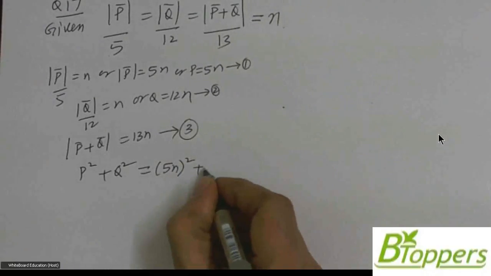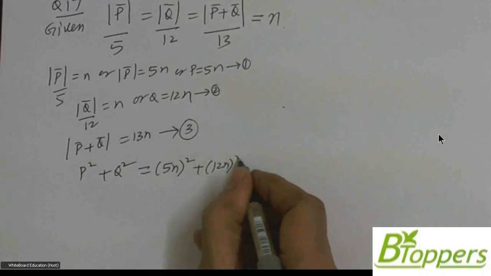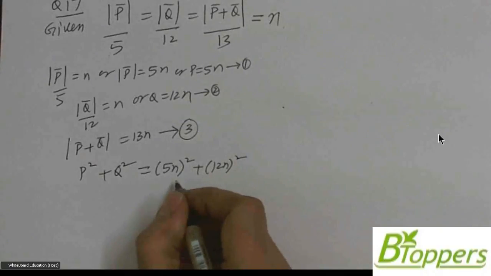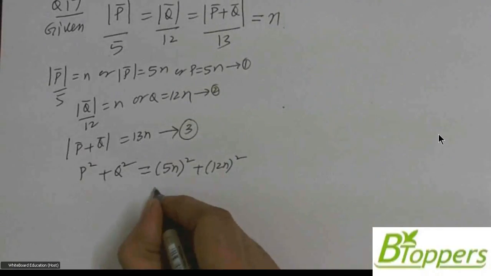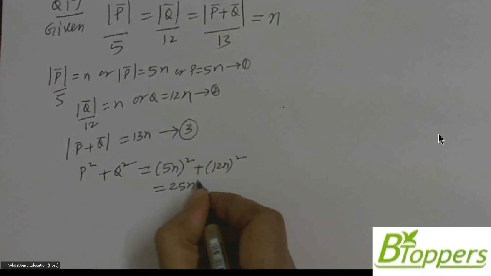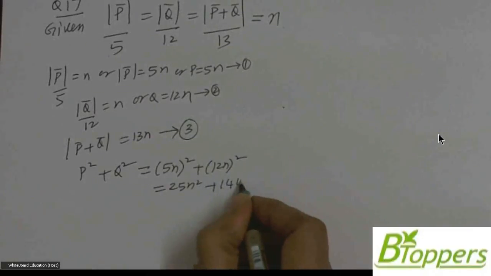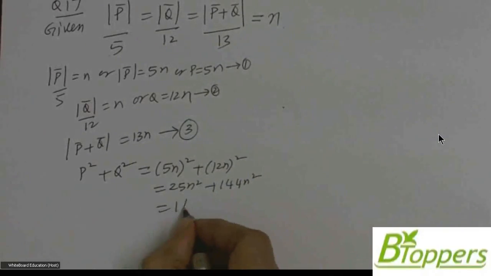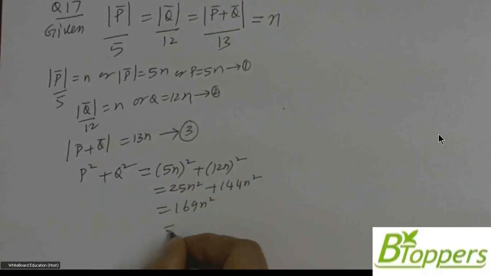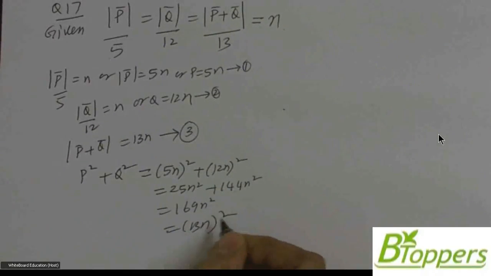that is p square plus q square equal to (5n) whole square plus (12n) whole square. That means we are adding the squares of the smaller magnitudes. That comes out to be 25n square plus 144n square, which will be equal to 169n square, or that can be (13n) whole square.